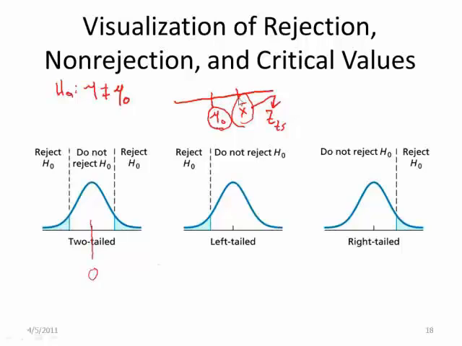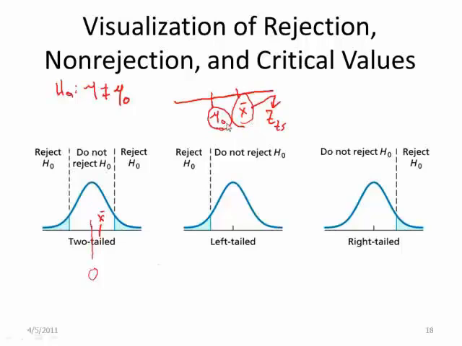If this distance here is small, then when I set up my rejection and non-rejection region, I would expect the distance from 0 to my test statistic to also be small. That means there really is no difference, and my x bar is going to probably fall right here when the distance is small. So I am in the do not reject region.